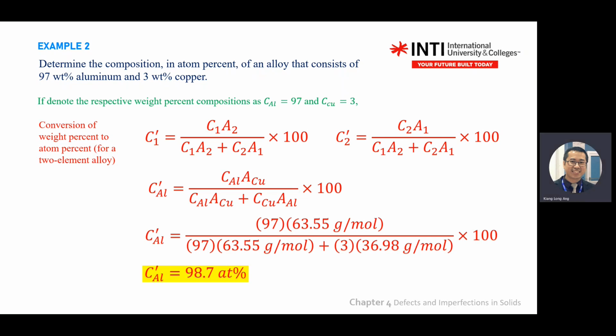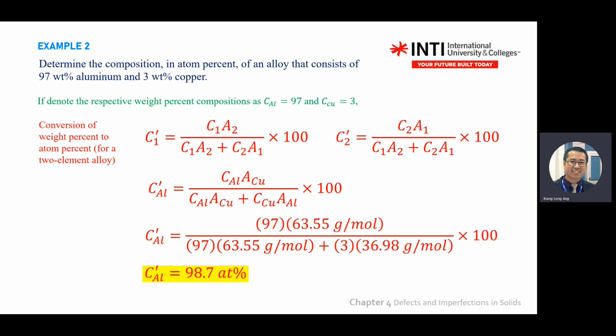This kind of question will expect you to do two sets. The first set is for one of the elements, and for the other set you can just take 100 minus this one. Or you can do the same calculation and you still get the same answer. So what is the atomic percentage for copper?